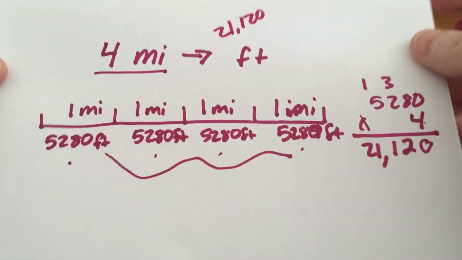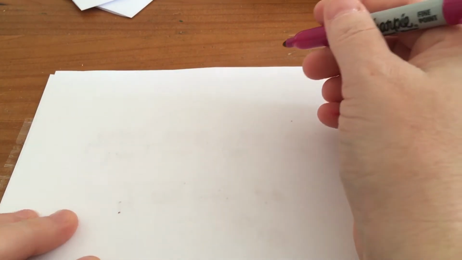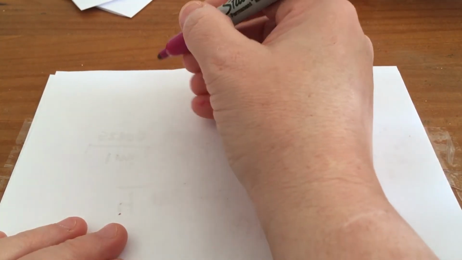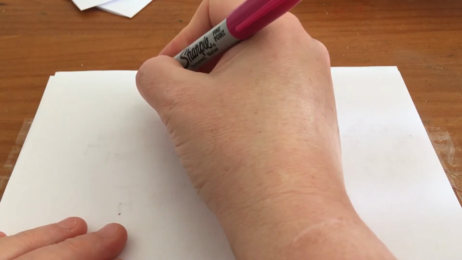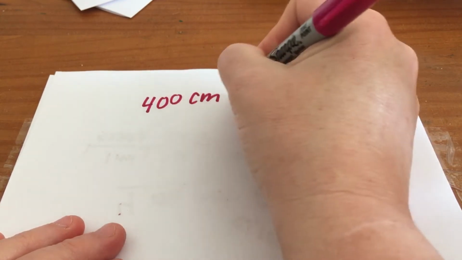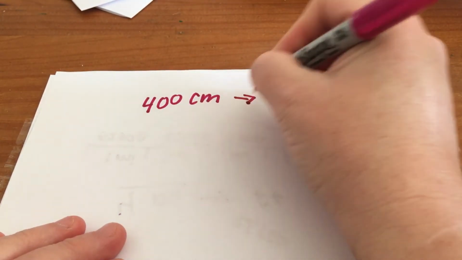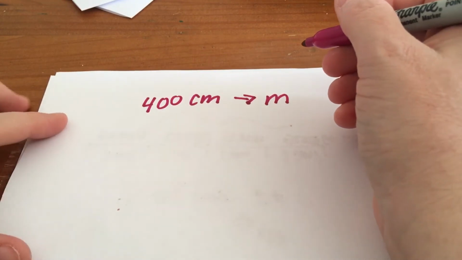Let's do another example. All right. Let's say they want you to make 400 centimeters into meters. This is going to be a little bit trickier.